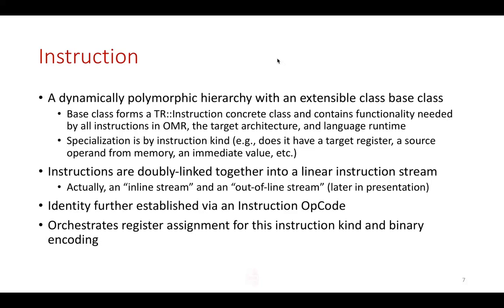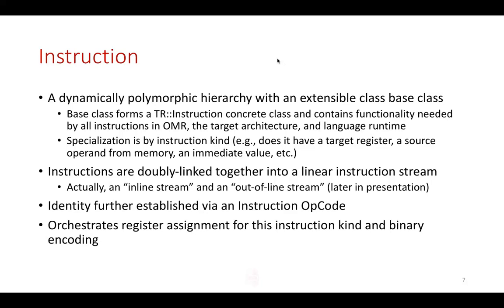So I'm not actually 100% familiar with what's going on right now in ARM, but from an x86 point of view, from which I have much more experience with, you would derive, for example, a single register form instruction from the base class. And then from there, you could derive a double register form, so a register form from that.